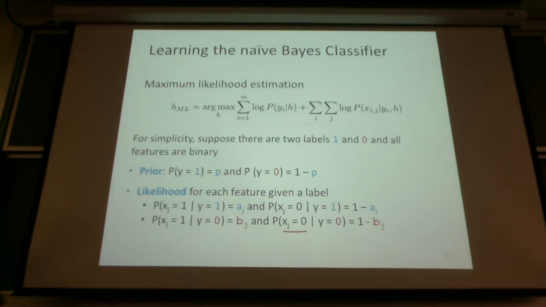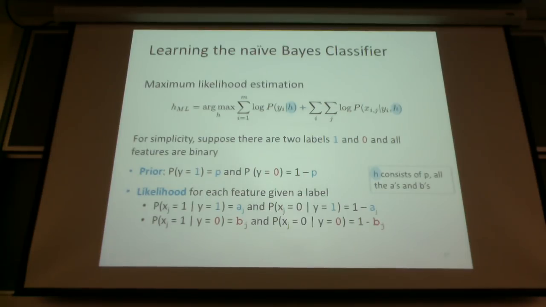A corresponds to the likelihood of the jth feature being 1, conditioned on the label being true. B corresponds to the probability that the jth feature is 1 when the label is false. The hypothesis, H, is really a big box containing the likelihood and the priors, so it contains all the A's, the B's, and the value P.